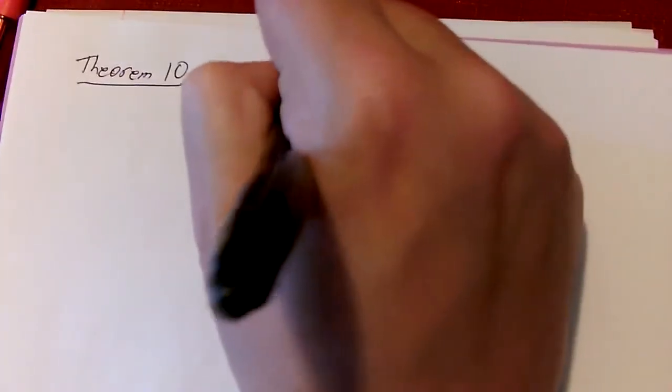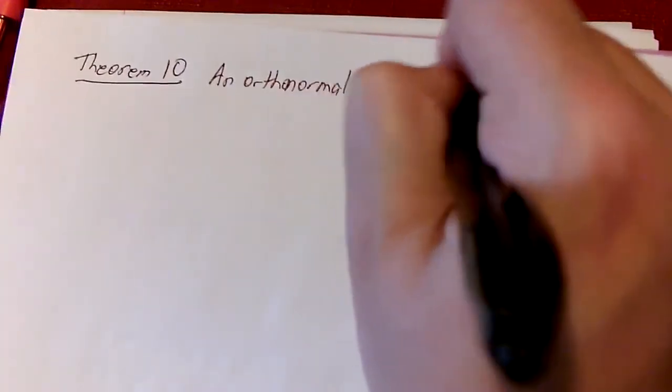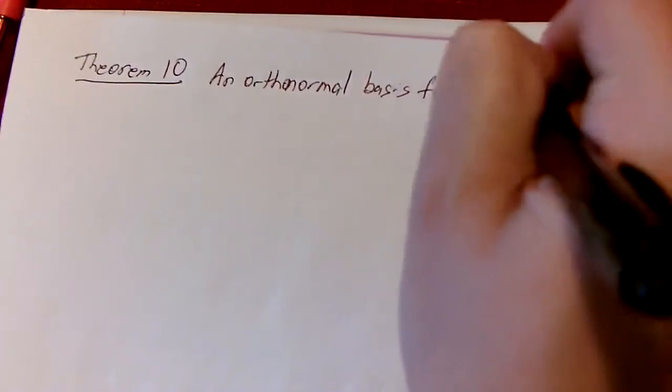All right, so one more theorem and just a couple more properties to enforce here. So theorem 10. Theorem 10 says I have an orthonormal basis for W, and it's inside of Rn.